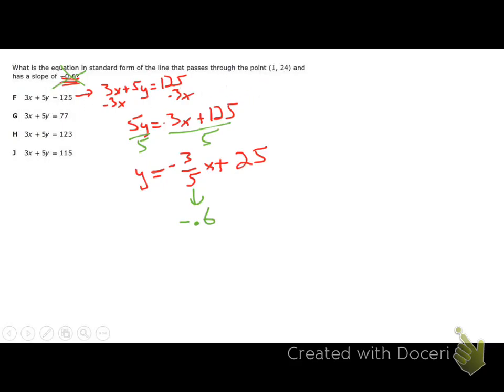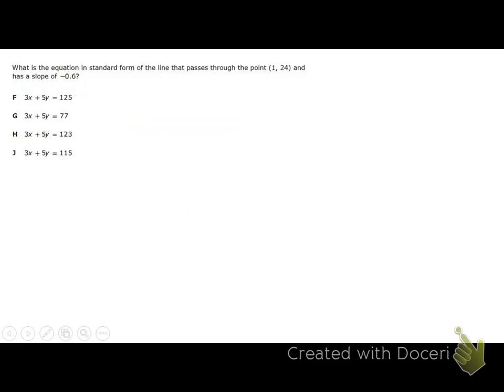We just have to find the line that passes through this point, because only one line is going to pass through that point. So if I clear everything off, let's just find which one goes to that point. If I have 3x plus 5y equals 125, we're trying to find out if it passes through the point where x is 1 but y is 24.